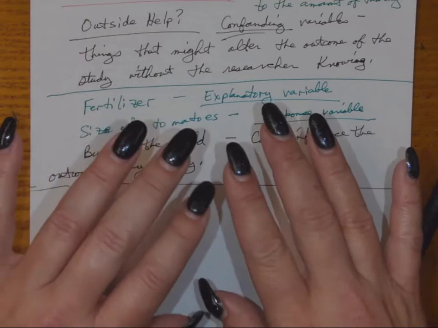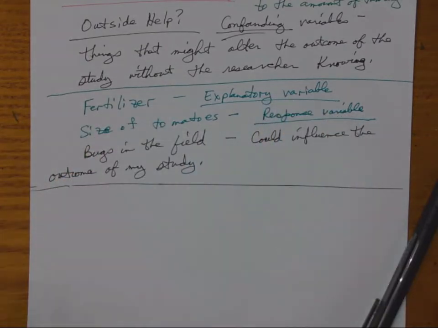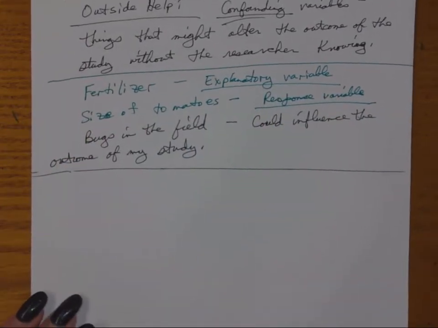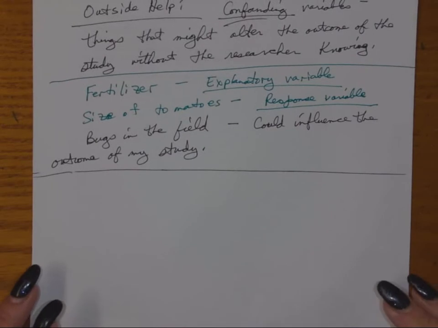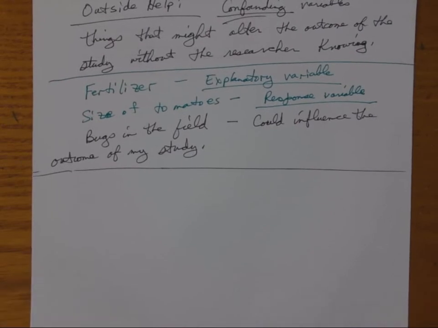Then the bugs would not necessarily be a factor, and maybe I could control for those and say, okay, let's not worry about bugs because I've got insecticide going, so hopefully that's not an issue. Okay, so that's kind of one of the things you got to think about when you're planning your study is, oh my goodness, what am I going to do if X, Y, and Z happen?